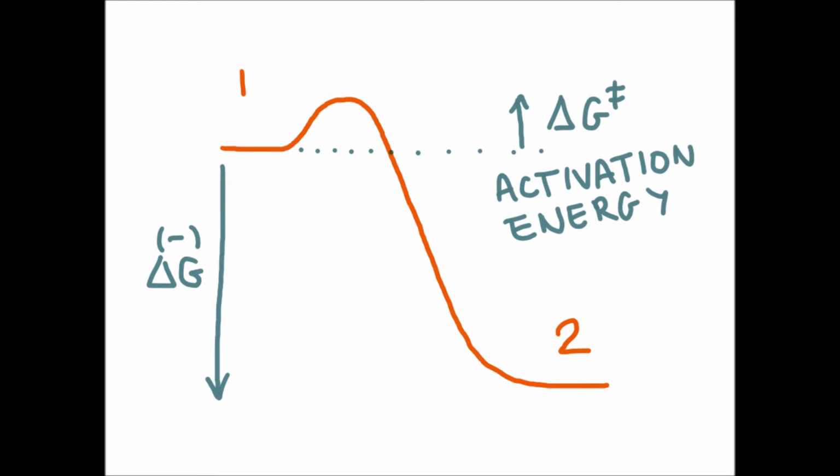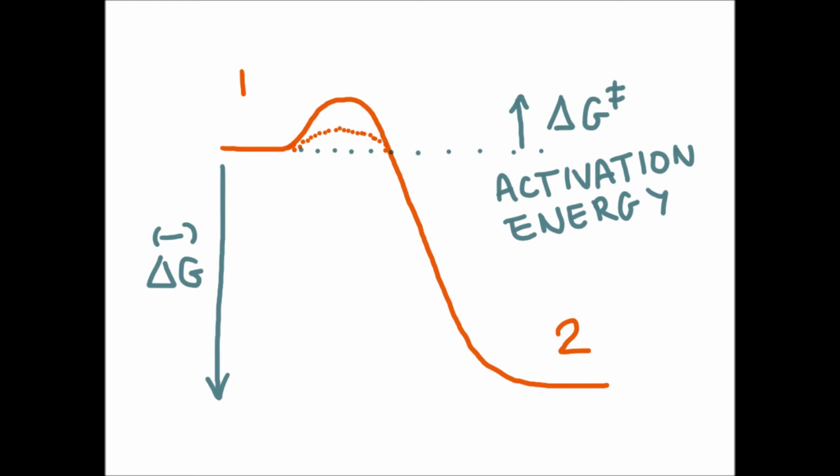Now, a very important thing that makes life possible is that you have ways for the system to get past the barrier. There are situations, conditions that will essentially diminish the size of the barrier, making this transition easier.